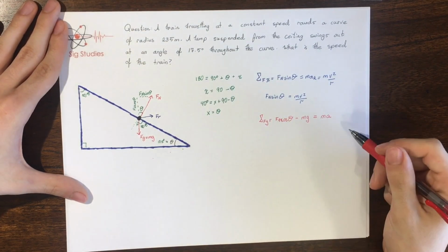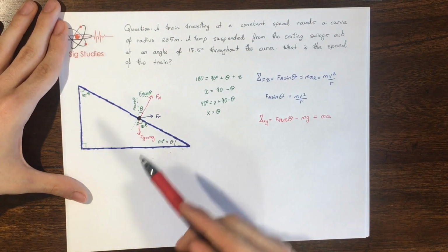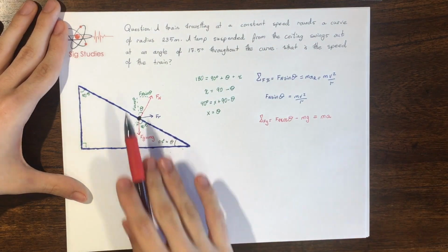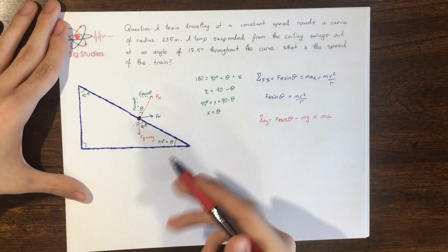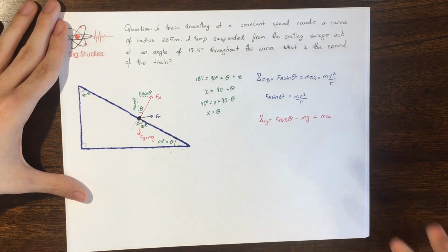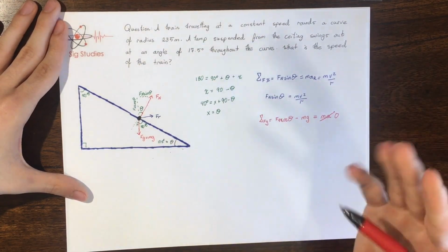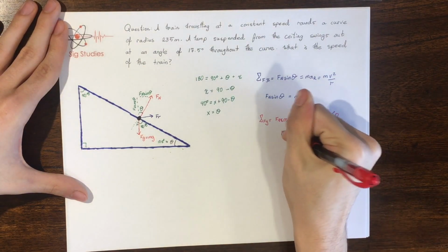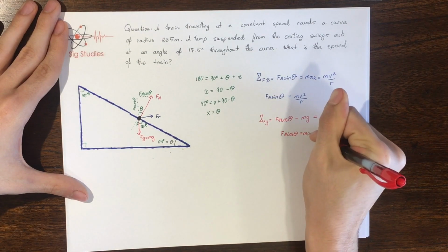And no longer is it mv squared over r, because the net acceleration is no longer pointing towards the center of the circle. That's the x component. The y component has nothing to do with our radial acceleration. And in this case, since our train is along the bent curve, it's not flying upwards or downwards, the acceleration is 0. It's staying level along the plane. So we can simplify that by saying Fn cosine of theta equals mg.